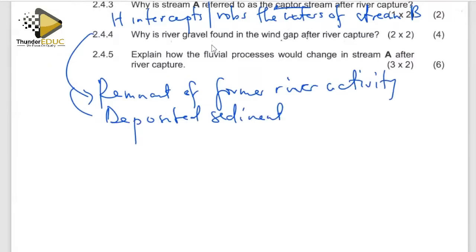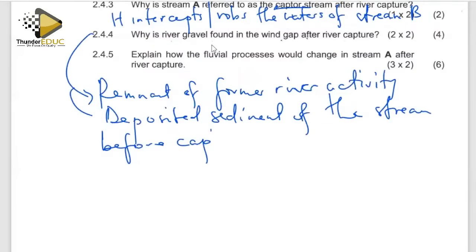The gravel is the deposited sediment of the stream before capture. It shows that it's material that was being deposited by the river before stream piracy took place.